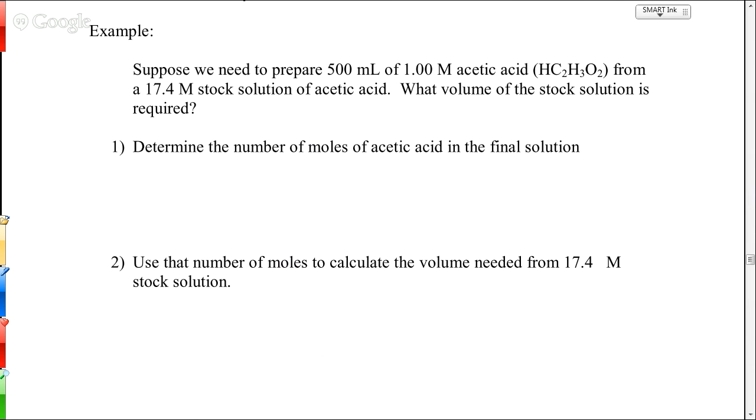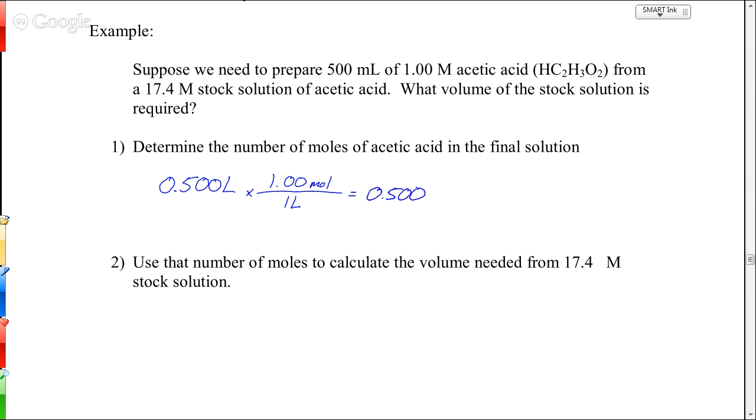Can you figure it out just by looking at it, or should we set up the calculation? Yeah, it's going to be 0.5 moles. Let's look at where that comes from. Remember, we want to keep our units consistent. So instead of saying 500 milliliters, let's say 0.500 liters. And we want our final solution to be 1.00 moles per liter of solution.